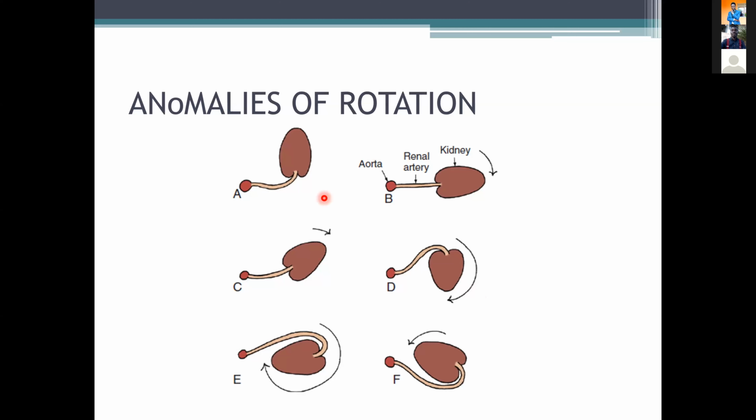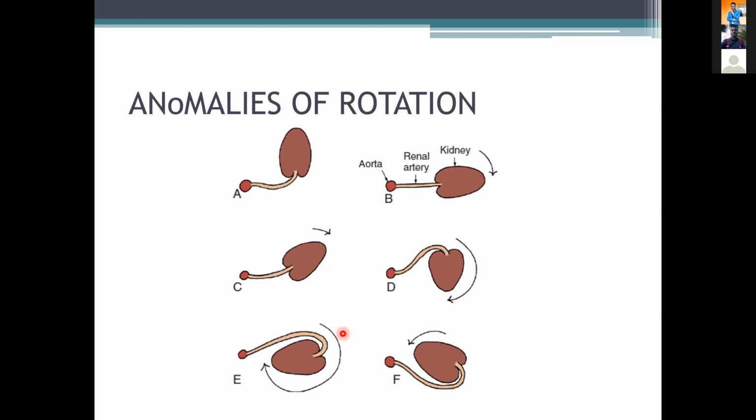So we're still talking about the rotations. We're saying that sometimes the rotation happens a bit, but not to its normal position. In D, it demonstrates that the rotation actually happens and passes the normal orientation and even continues. And therefore, you find the pelvis actually facing dorsal.